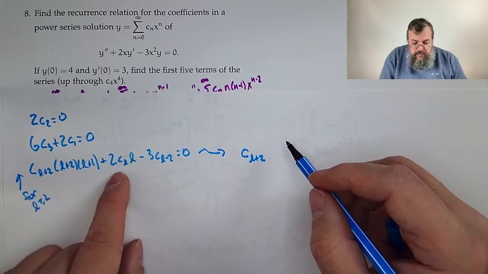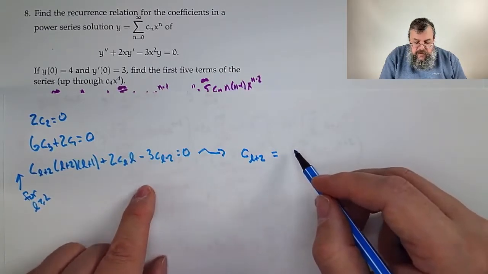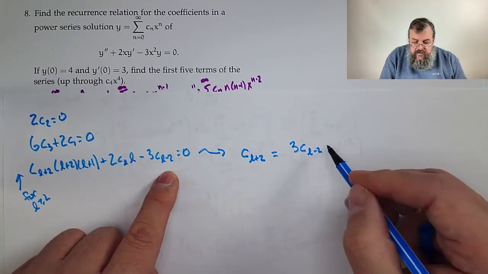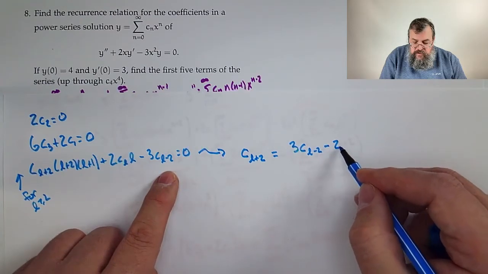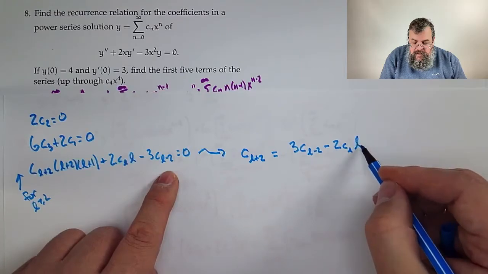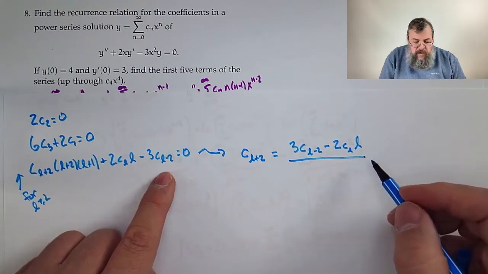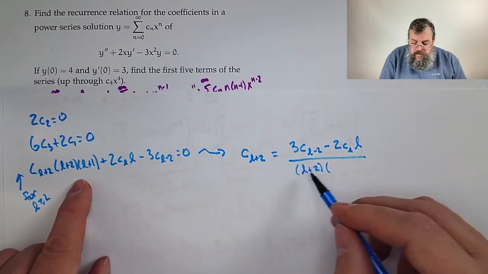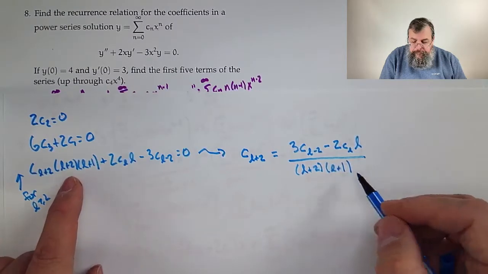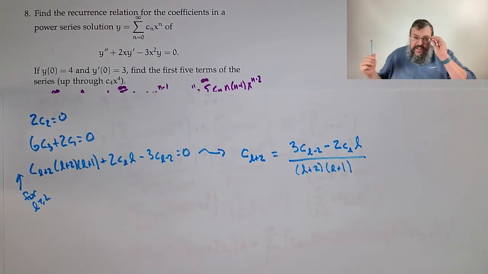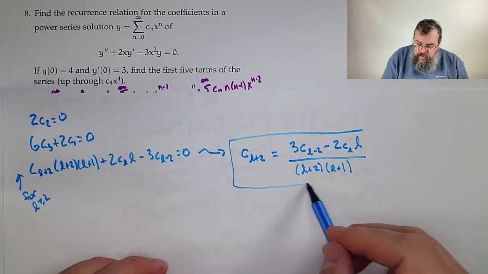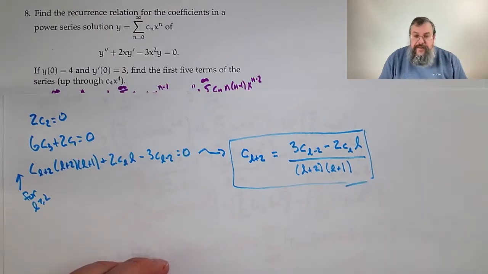So C(L+2), you move those across. So that would be 3C(L-2) minus 2C_L times L, all divided by (L+2)(L+1). All right, so that's our recurrence. So this is a piece of our answer.